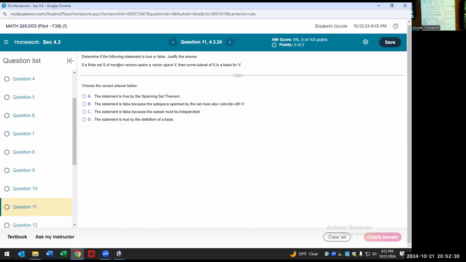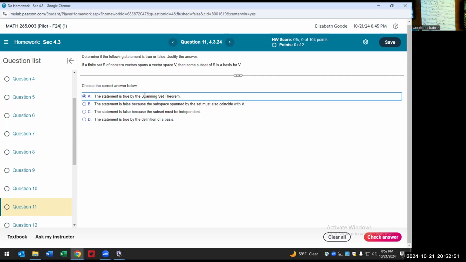Or if some of these vectors in S are dependent on the other ones, you can throw them away. And then a smaller subset of S would then still span V if you throw away the linearly dependent vectors. So this is true by the spanning set theorem.